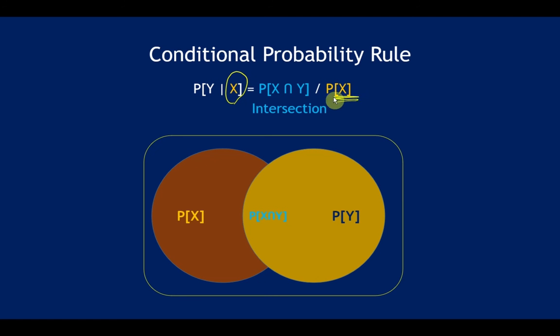So that new sample space will become the denominator. And then the intersection, this area that includes both of them, will become the numerator. So the conditional probability rule is basically the intersection divided by the probability of the sample space of the condition.